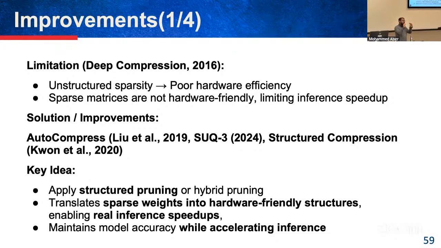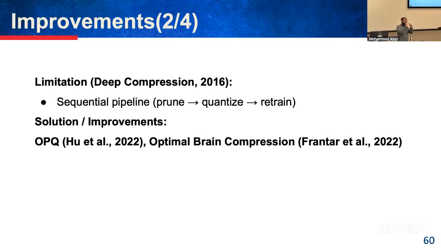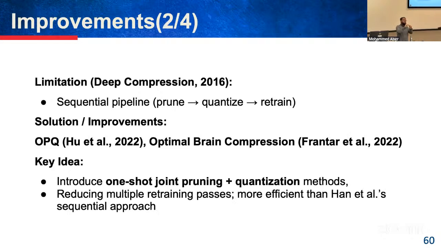So you are not actually removing the connection. Our whole network is still here, but you are changing the less important weights to 0 0 0 0. That means technically we think this is pruned, but it is not pruned. So this pruning creates a sparse network, which means sparse computation.